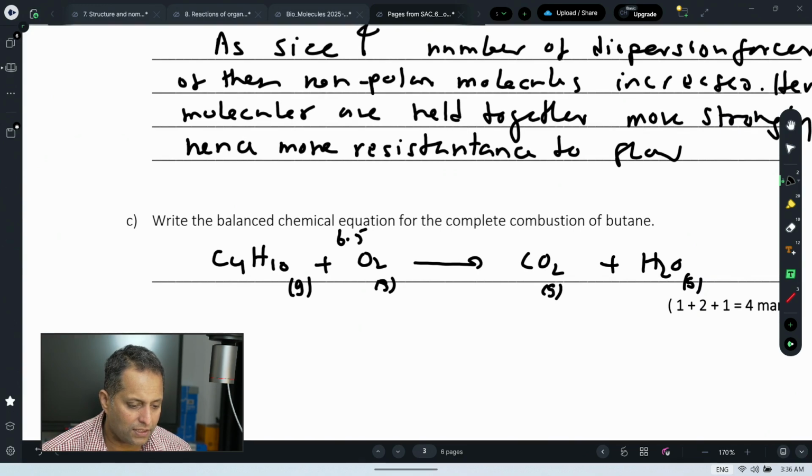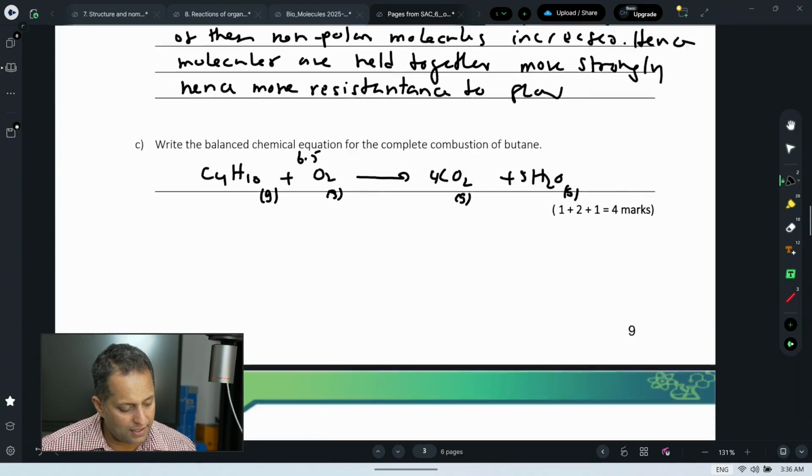The question says no mark deducted for incorrect state, so the state doesn't really matter. Balance it: 4 here, 5 here, 5, 8, 13, 12.5. So if you're not happy with that, multiply it by 2. Who cares? All right, that's done.